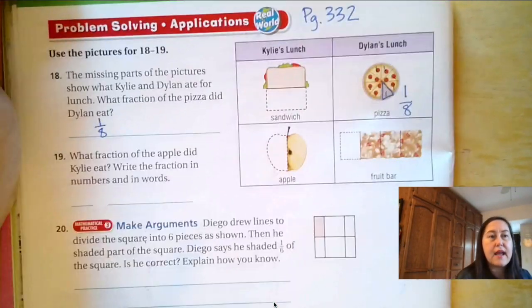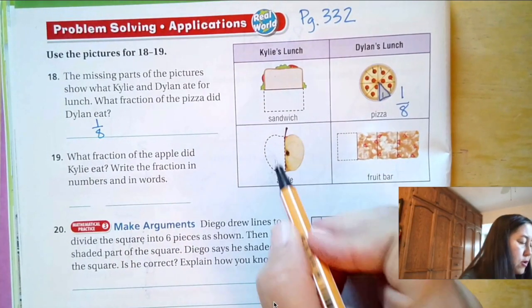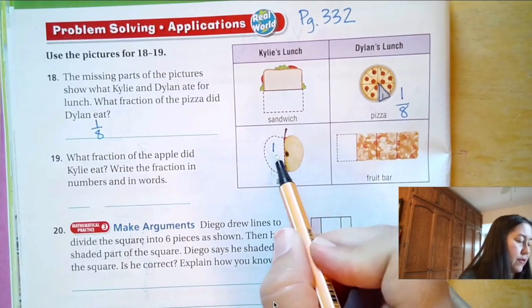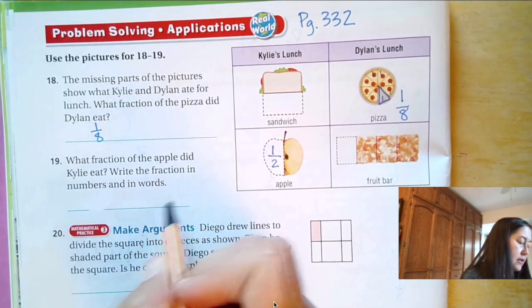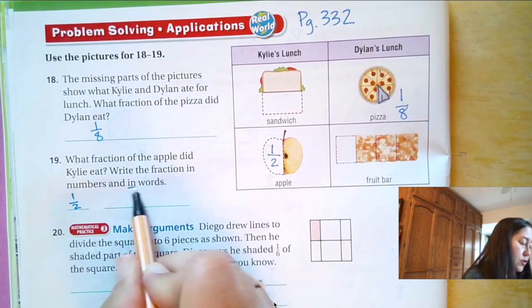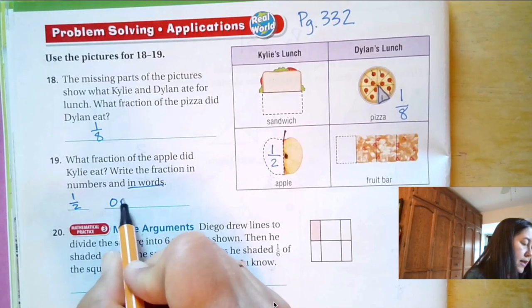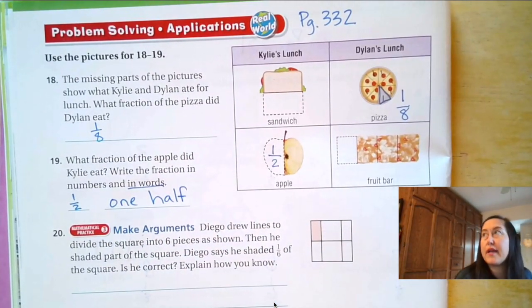Yes? Now, what fraction of the apple did Kylie eat? Oh, she ate this one piece out of 1, 2 pieces. So Kylie ate 1/2, or it says to also write it in words, one half. All right.